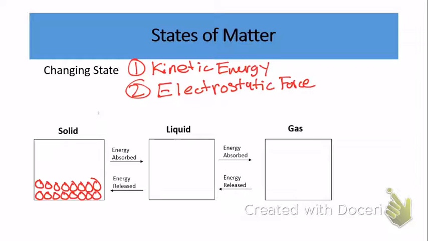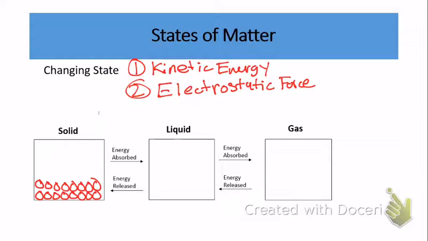All right, so I'm going to use these 2 concepts, kinetic energy and electrostatic force, to explain the 3 states of matter. Now, solid state, we just said that the particles are in very close packed positions. A reason for that is because the kinetic energy that these particles have is extremely low. Now, solid particles do have kinetic energy. If you recall from other classes, kinetic energy is the energy of motion.